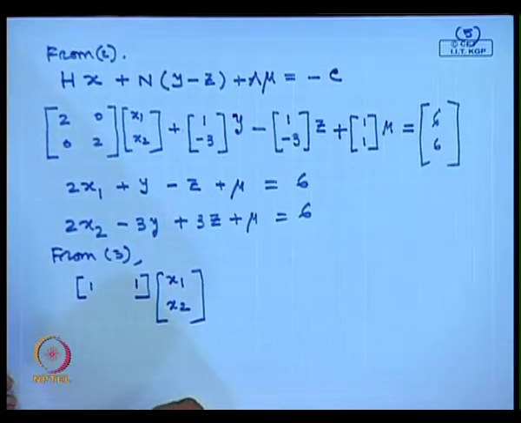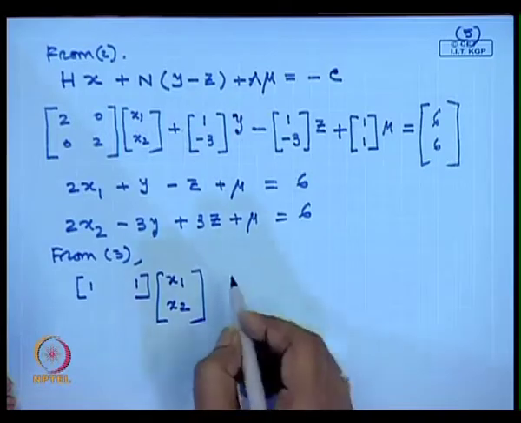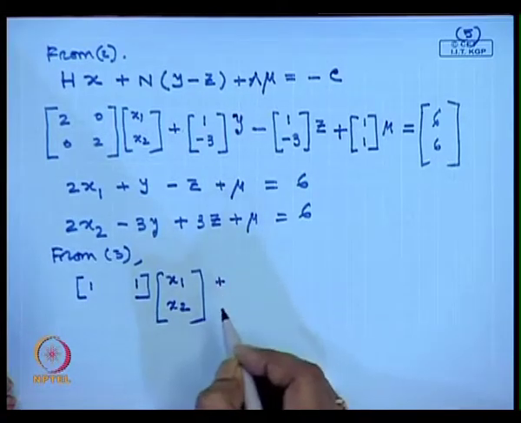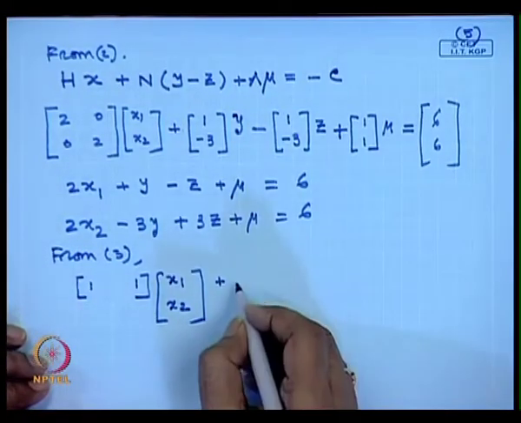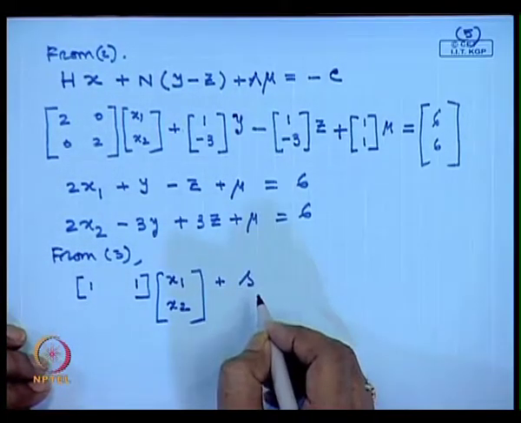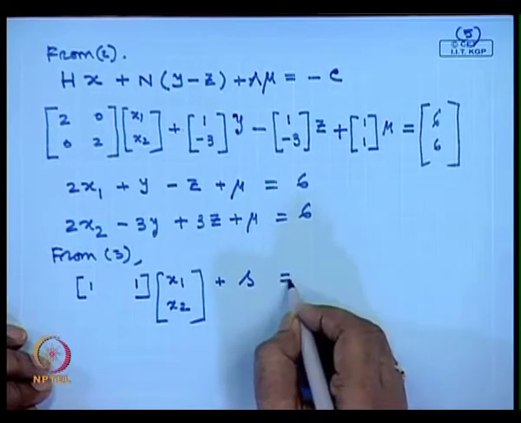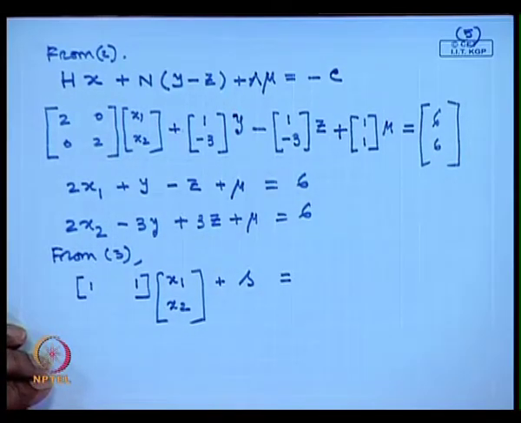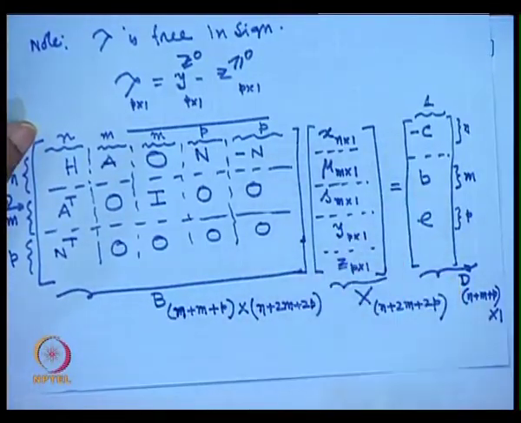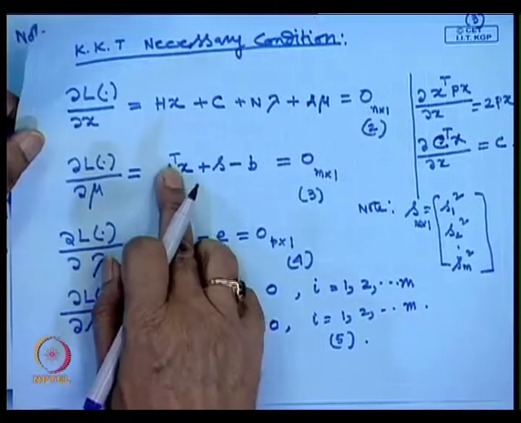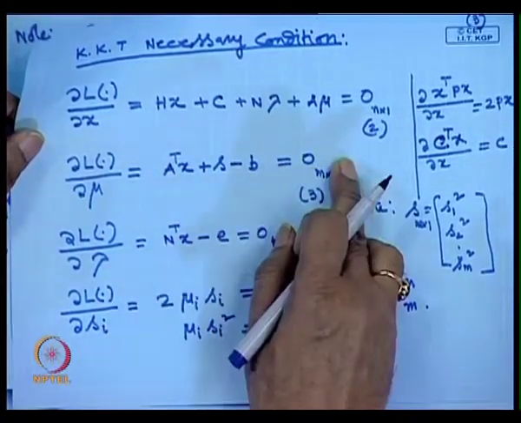Agree? Next is s, and there is only one inequality constraint, so this will be I into s, equal to b, from the second equation: A transpose x plus s is equal to b.